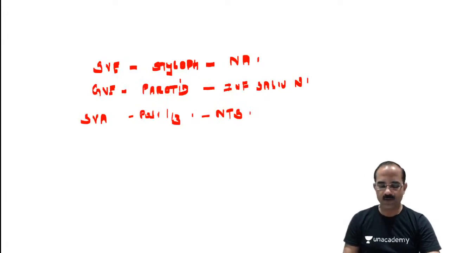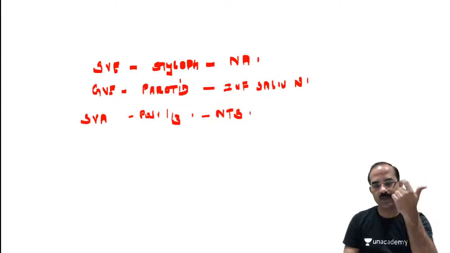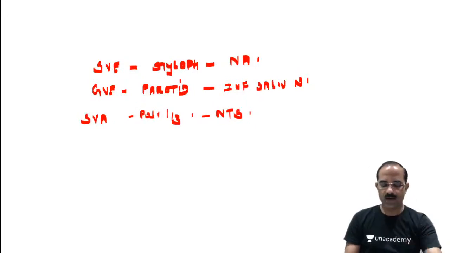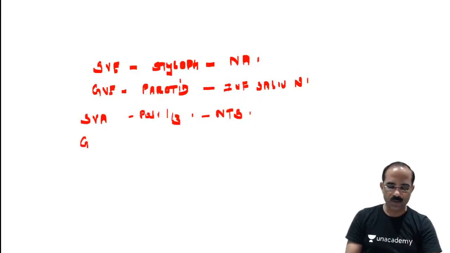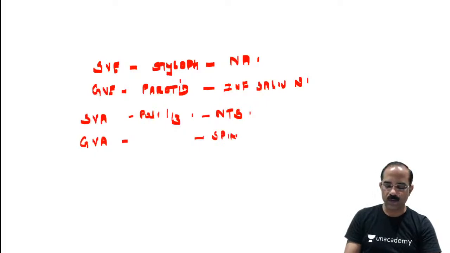And what else does the glossopharyngeal nerve supply? It also supplies the posterior wall of the pharynx. So what is the name of the component? That's the general visceral afferent. It supplies the posterior wall of the pharynx, and it gives to the spinal nucleus of the trigeminal nerve.